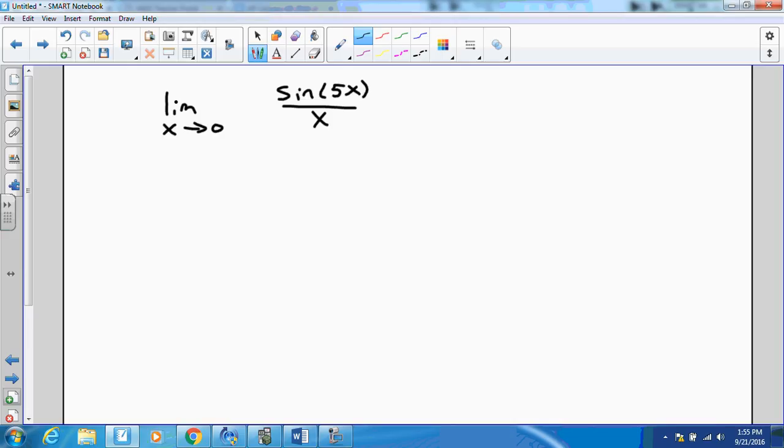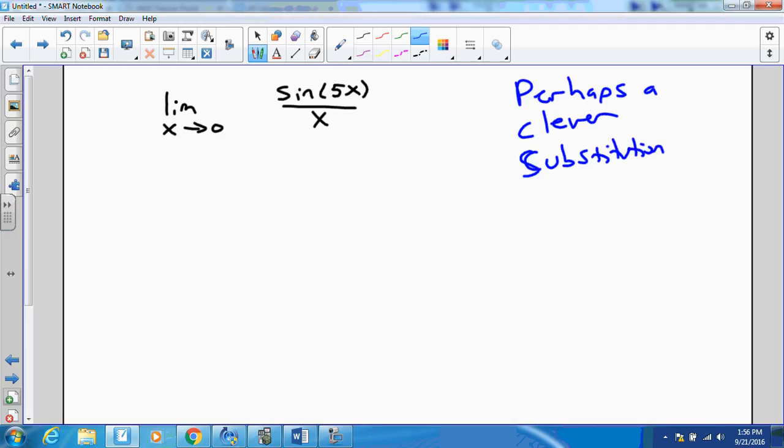But a common theme in mathematics is that perhaps a clever substitution can substitute my troubles away. In particular, I observe that the problem spot for me is right there at 5x.